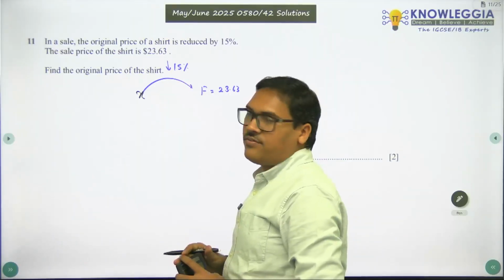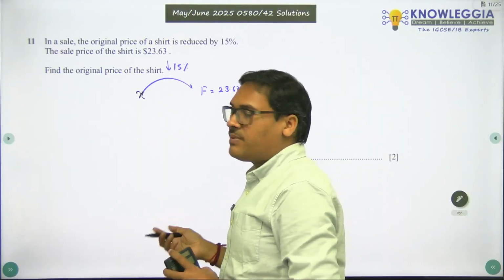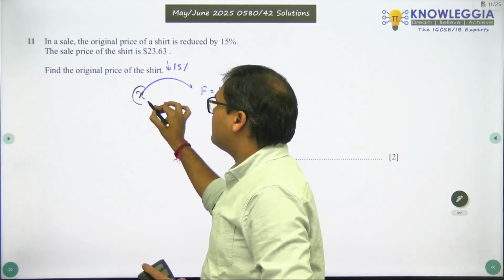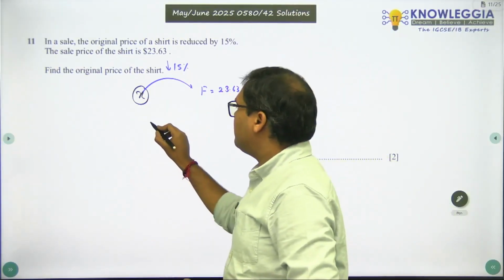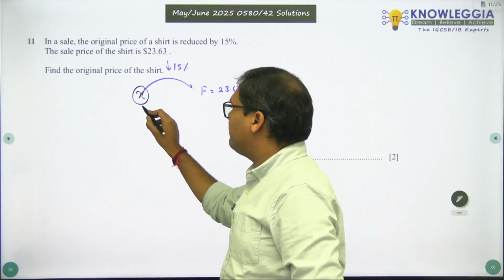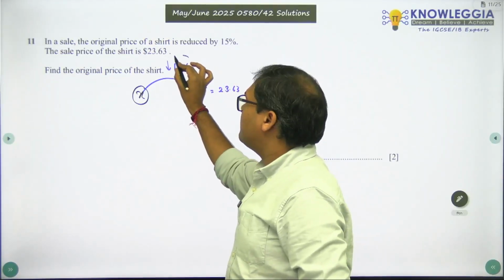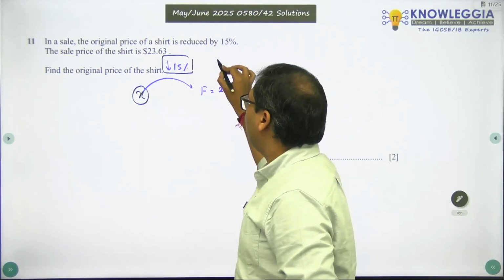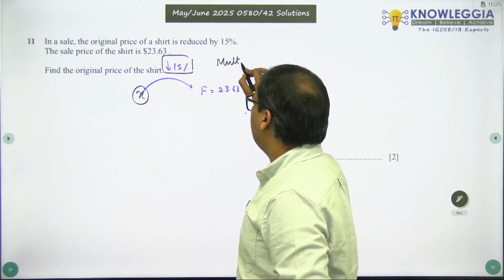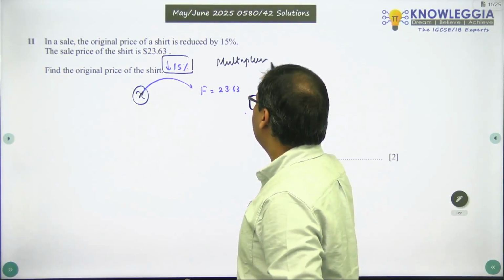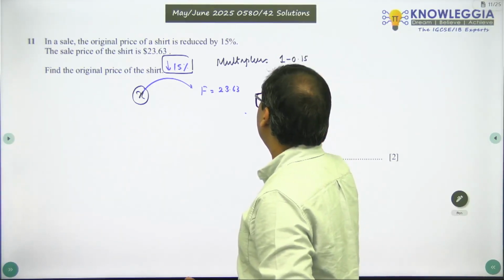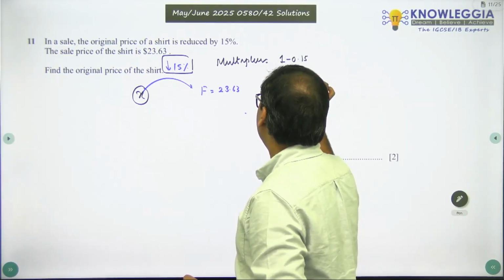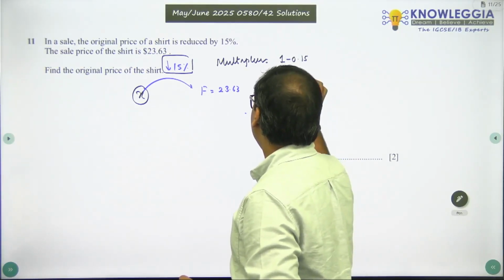It is reduced by 15%. So what is the final price? We are reducing X by 15%. So what is the multiplier if we are decreasing by 15%? The multiplier is 1 minus 0.15, which is 0.85.